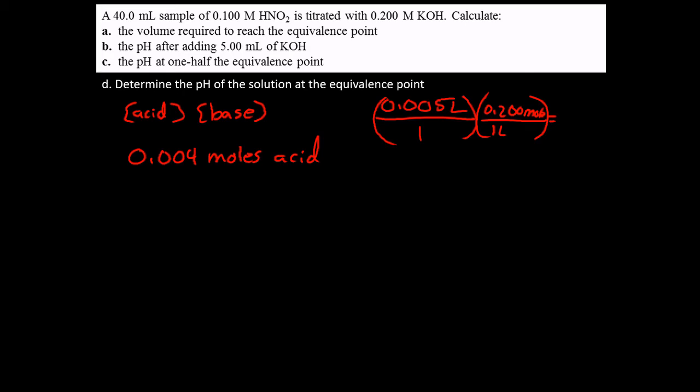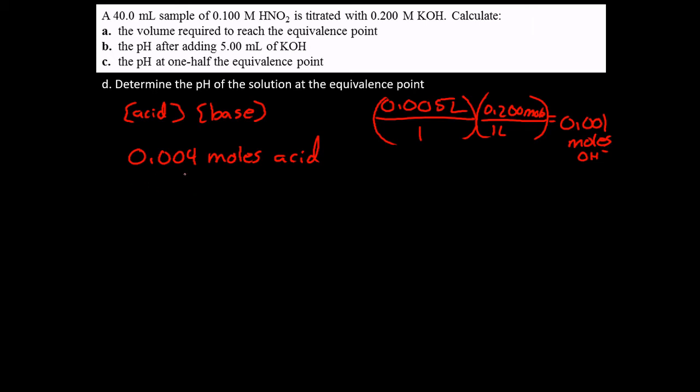So if we do that math, we added 0.001 moles of the base, the OH minus. So what stoichiometry tells us then is that all of these are going to react with our acid and turn it into its conjugate base.